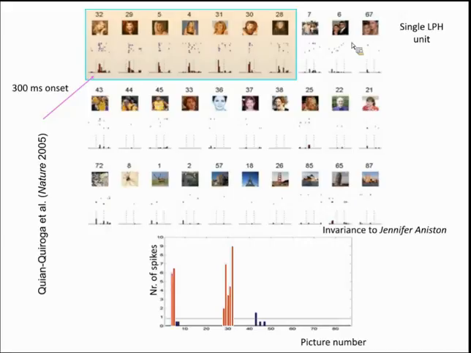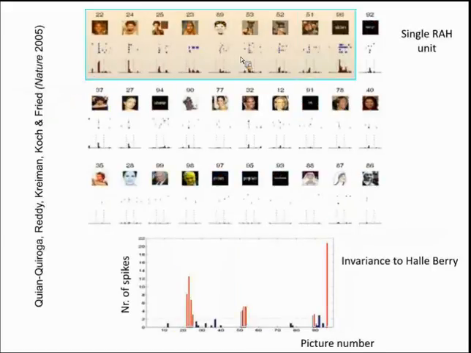Who knows why? So these are now known as, because of this, Jennifer Aniston neurons. Here you have another neuron in a different patient. This is a neuron that responds to Halle Berry, who's one of the Bond girls, the James Bond girl. Same thing here. Here it responds to pictures of her, to a cartoon of her.